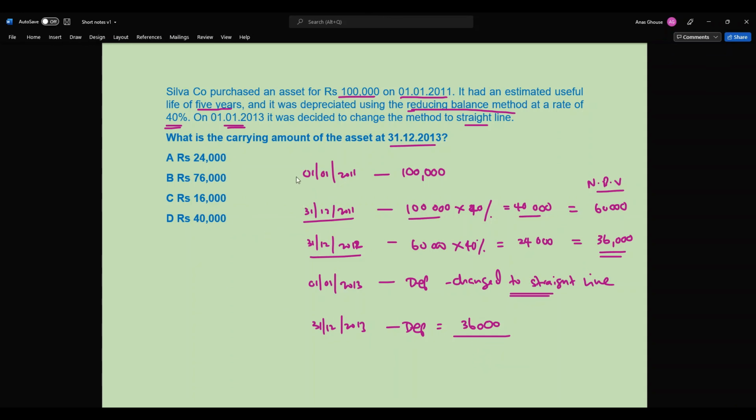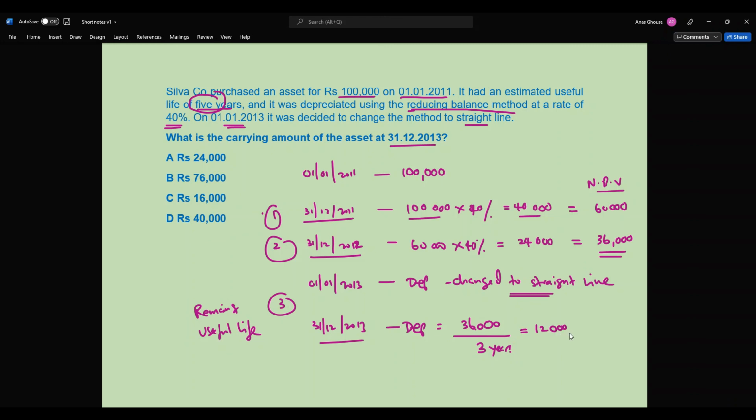Since the asset was depreciated for 2011 and 2012, 2 years, the remaining useful life is 3 years, because the useful life of the asset is 5 years. When you calculate based on the straight line method, you take the net book value and divide by the remaining number of years.